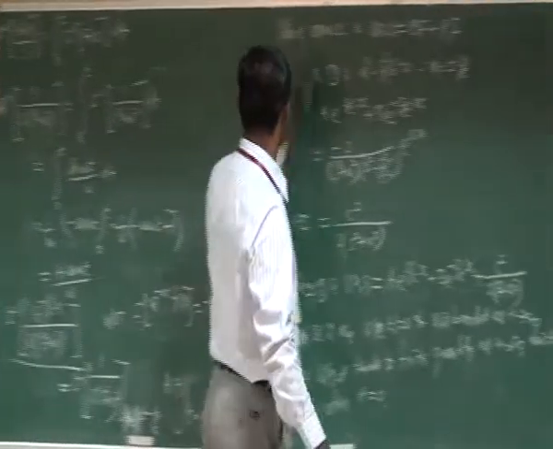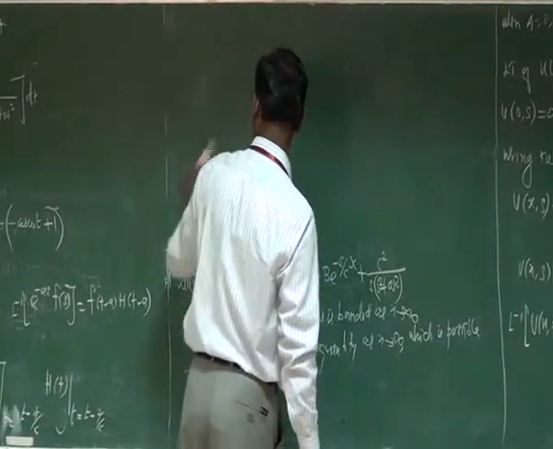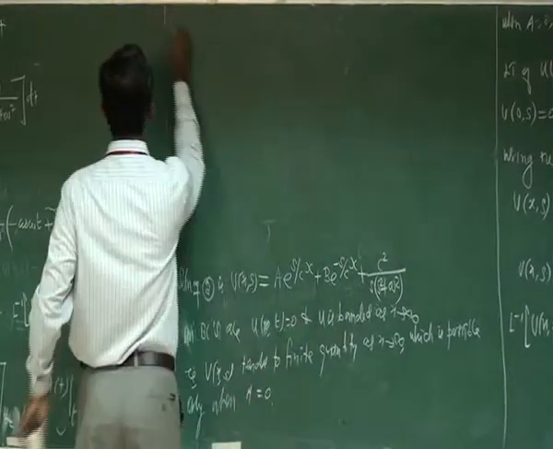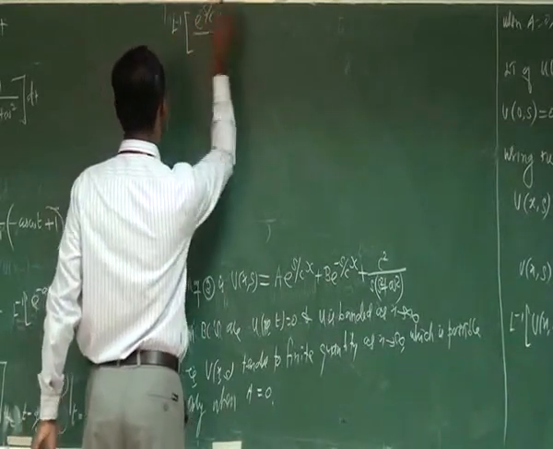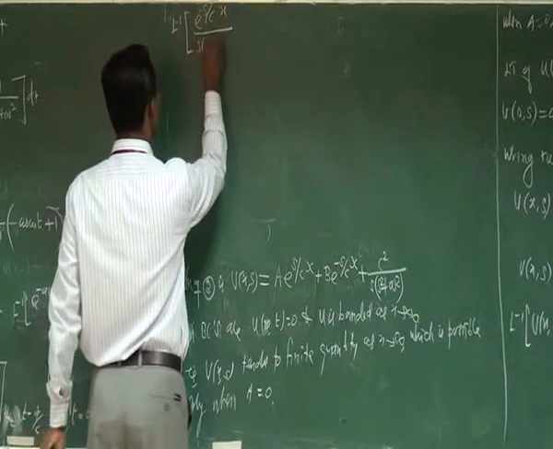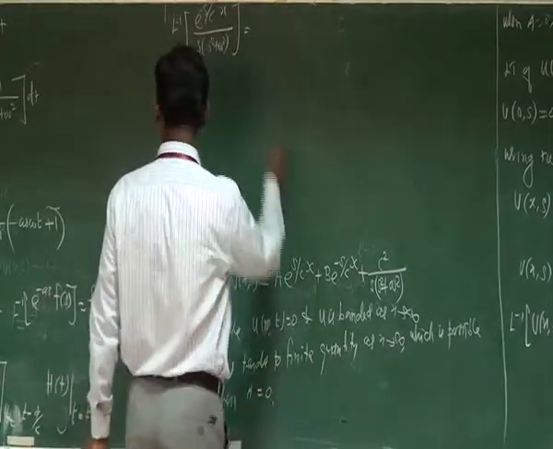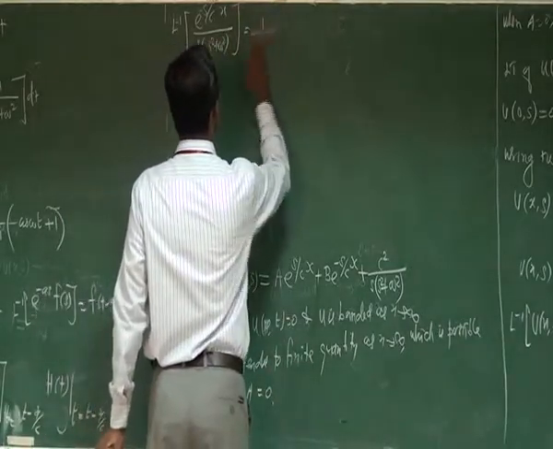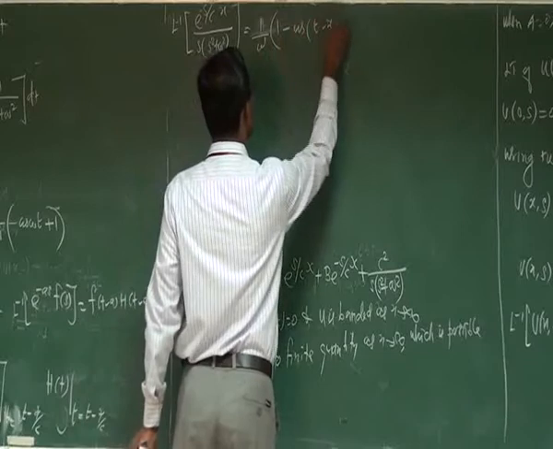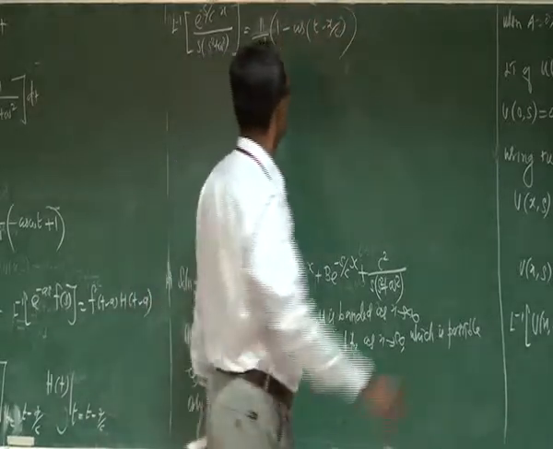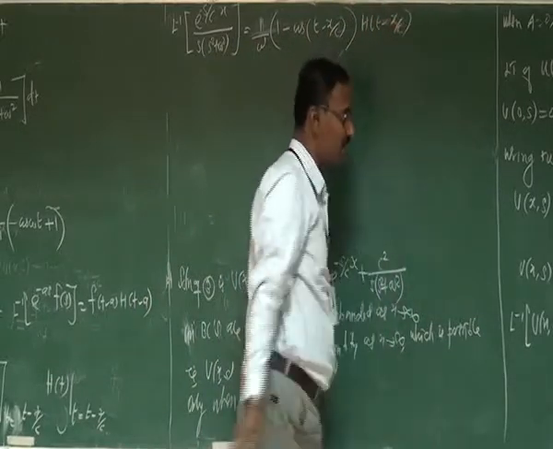So using that idea, the inverse Laplace transform of e power minus s x by c divided by s into s square plus omega square is equal to 1 by omega into 1 minus cos of t minus x by c into h of t minus x by c.